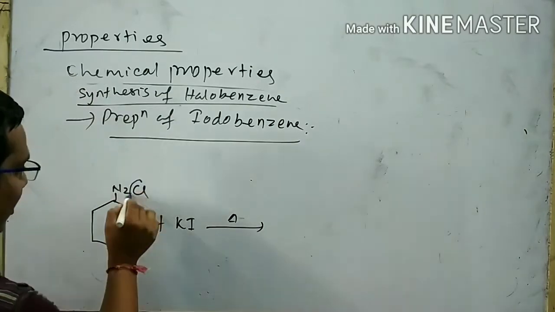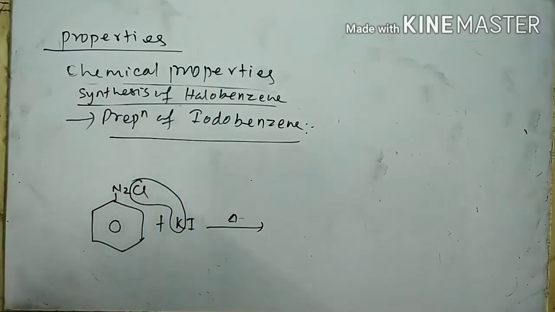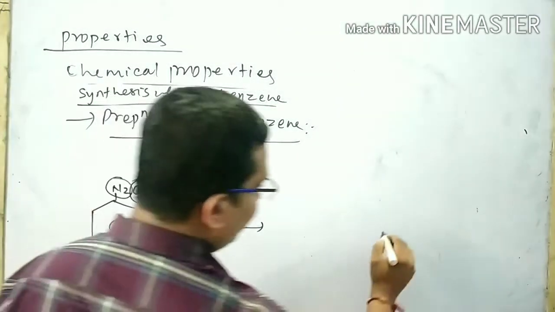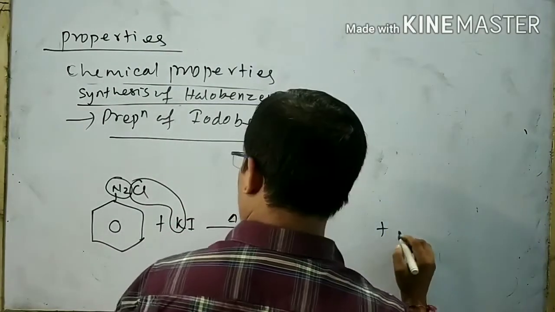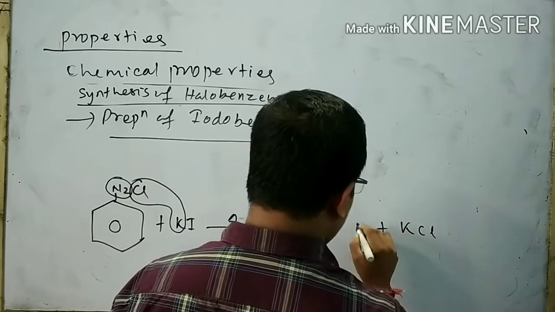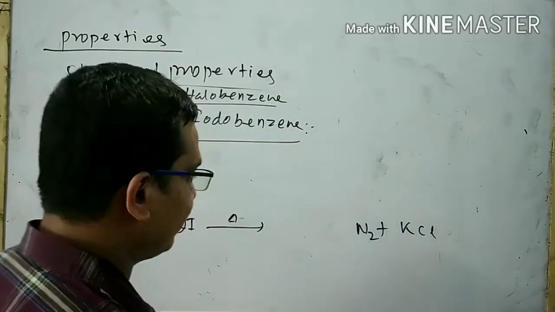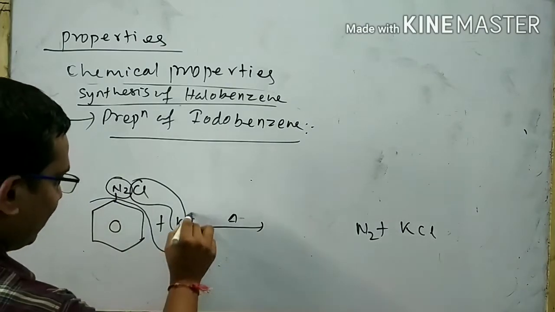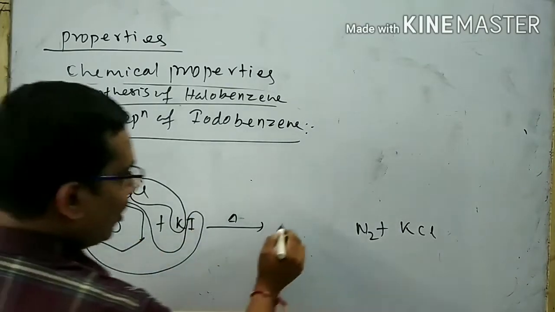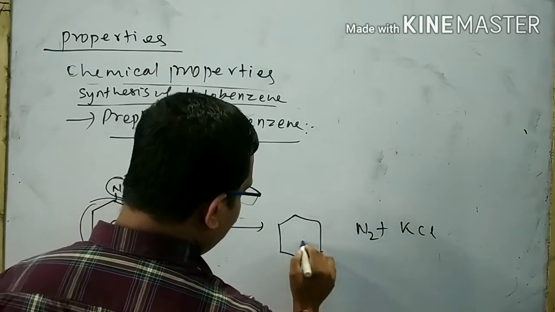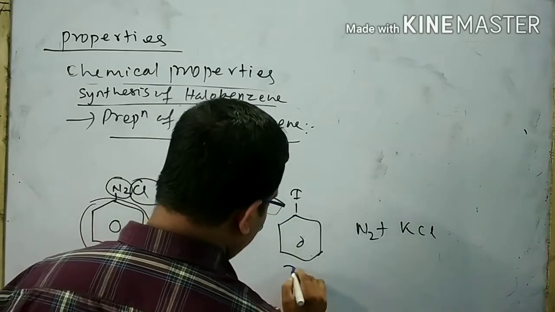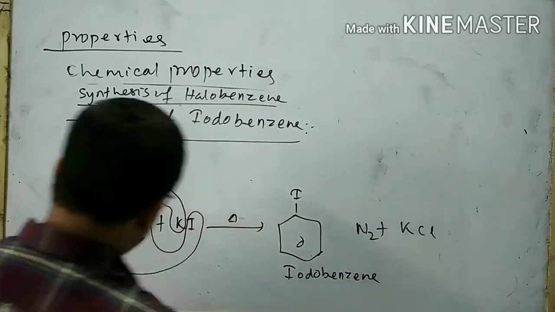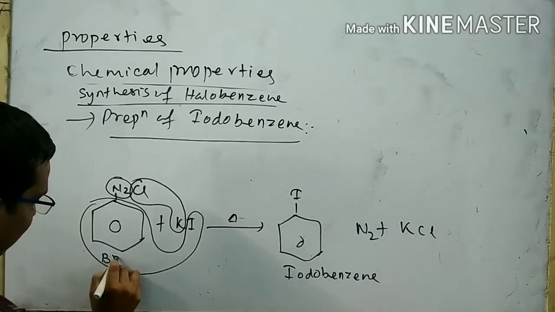Then there is a removal of KCl molecule and removal of nitrogen molecule. So we can write the byproducts are KCl and nitrogen. Now I will attach this part with the iodine to form the iodobenzene. This is said to be iodobenzene. This is said to be BDC.